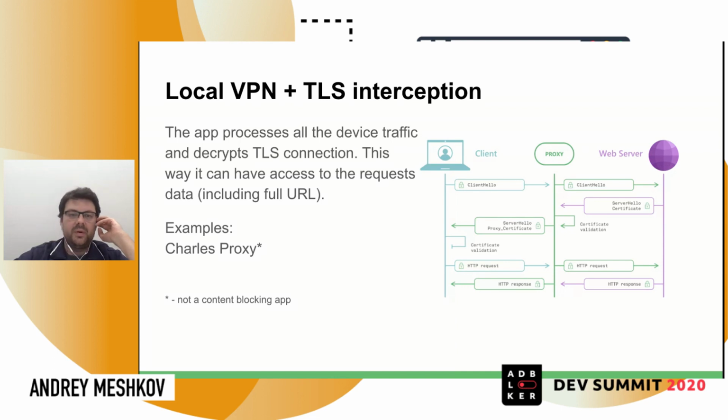Therefore, it can make better decisions. And I'm using Charles Proxy as an example again, because, well, there are no such apps on the App Store, and I'm not even sure that they can be approved. But still, well, maybe they can. You can take a look at how it's done on the Charles Proxy example.